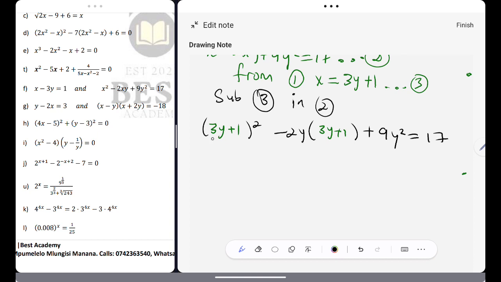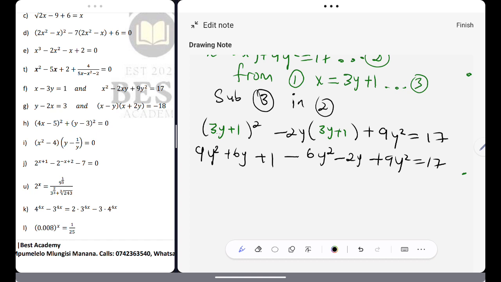To remove this bracket, the first one, I just need to square the first term, and I'll get 9y squared. When I square the last term, I'll get plus 1. To find the middle term, just multiply the two terms inside the bracket. I'll get 3y times the 2 at the top. It's 6y. And then here I'll get a negative 6y squared minus 2y plus 9y squared is equal to 17.